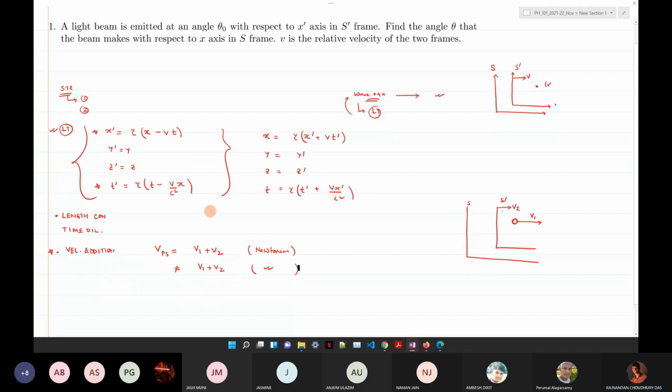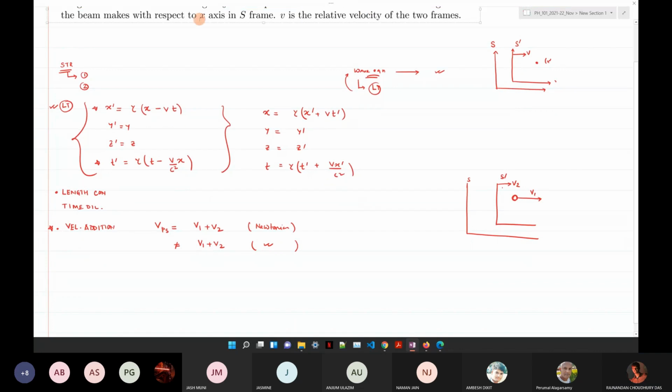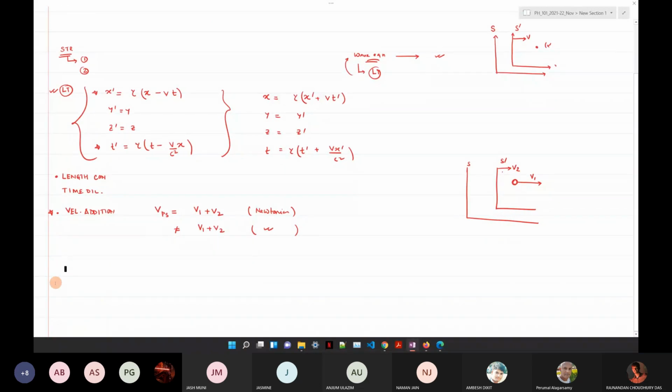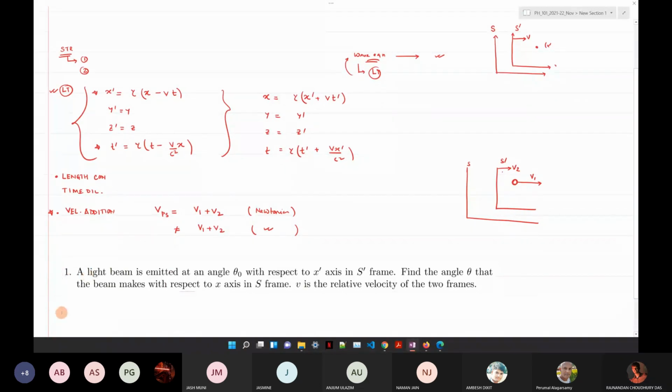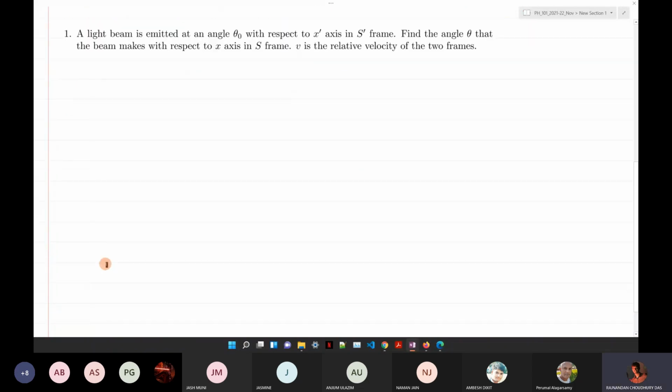So the first problem. A light beam is emitted at an angle theta 0 with respect to the x prime axis in the S prime frame. So suppose we have one S prime frame and there is a beam which is coming at an angle theta 0 with respect to the S prime observer.